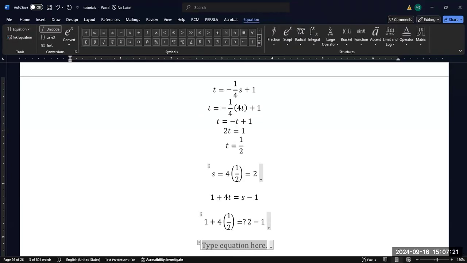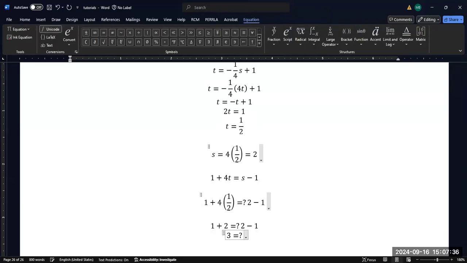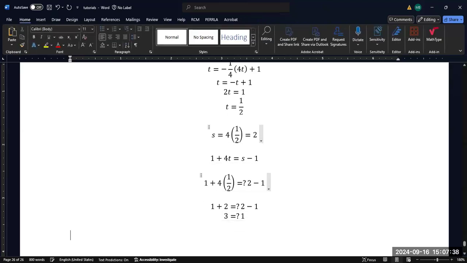So let's see what happens. 1 plus 2 is going to be equal to 2 minus 1. That is not the case. That's going to say 3 is equal to 1. And so these are also skew lines.